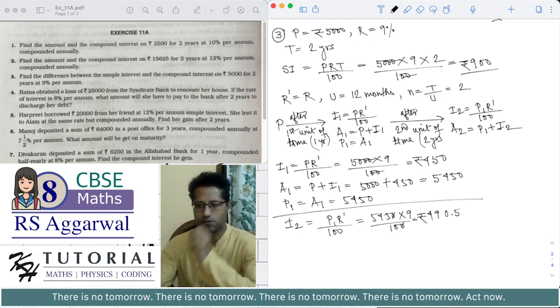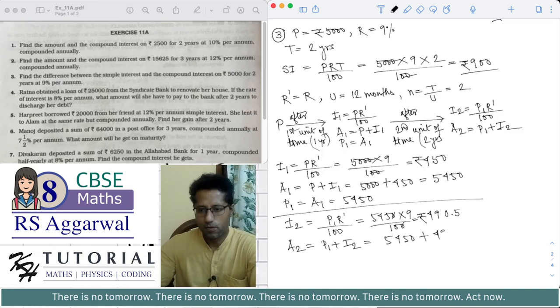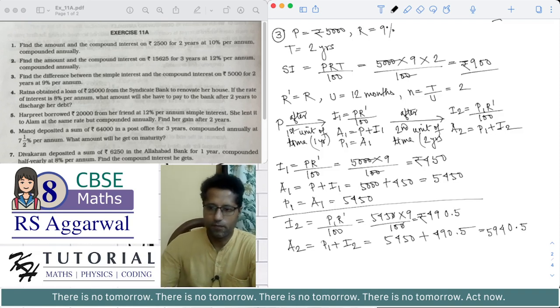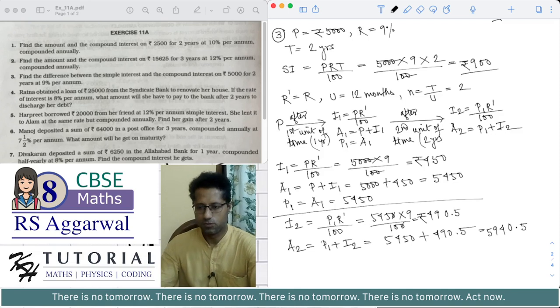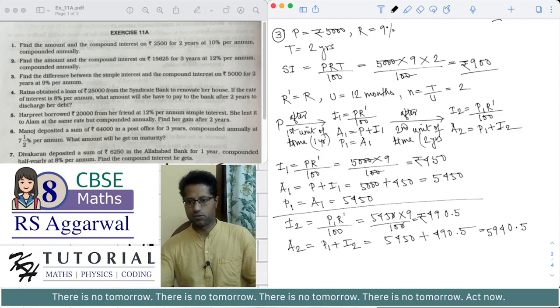This is the interest. So amount A2 is equal to P1 plus I2, which is equal to 5450 plus 490.5, which is 5940.5. So this is the amount at the end of the second unit of time, which is also the last unit of time.